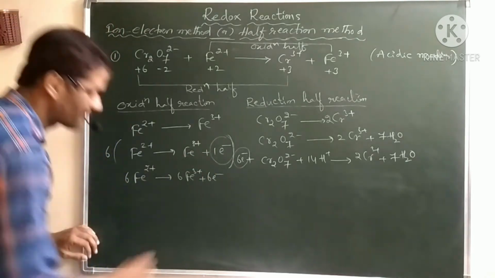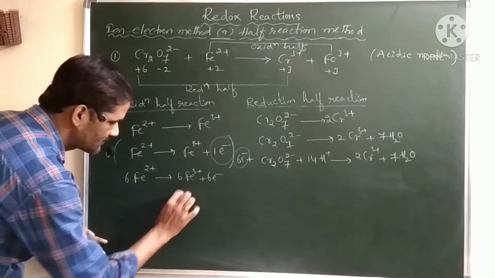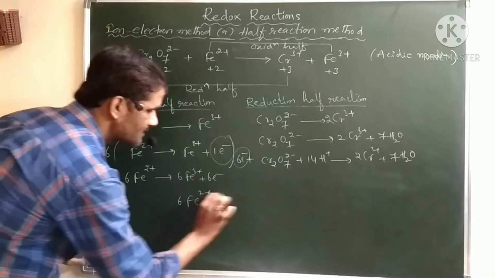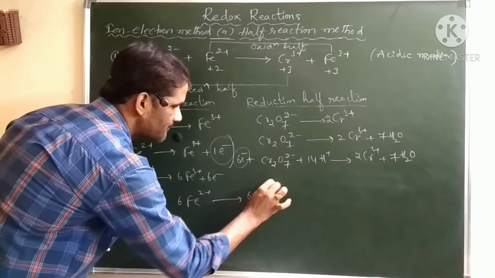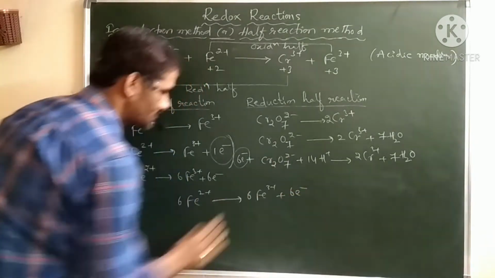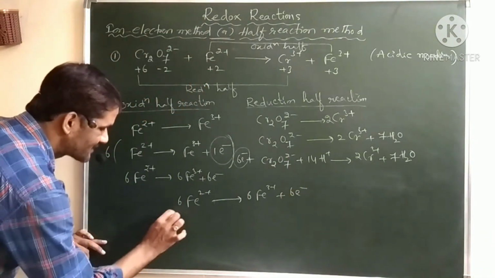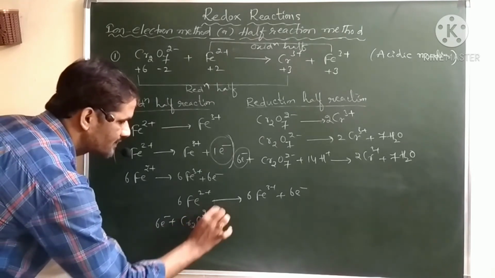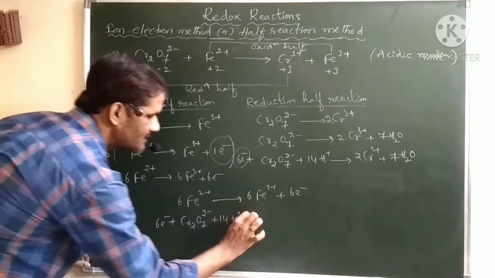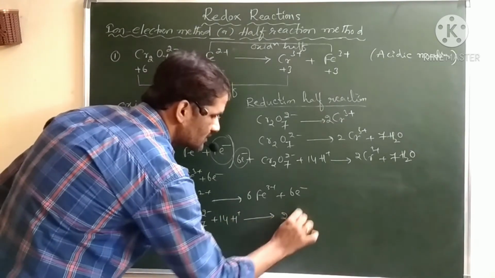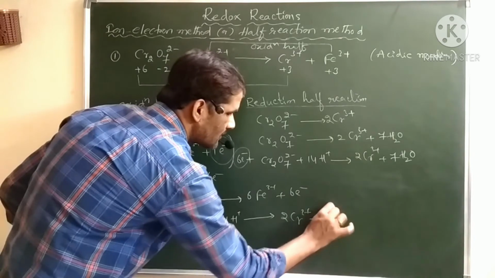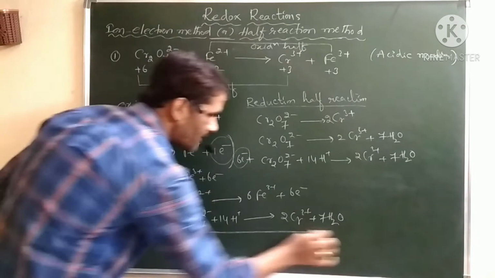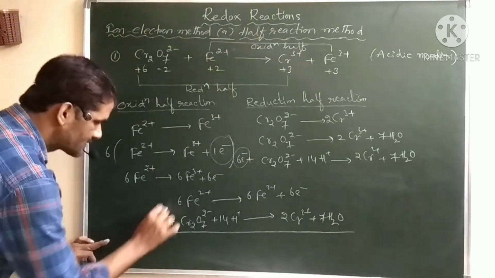Now I'll add both the half reactions. First the oxidation reaction: 6 Fe2+ is giving 6 Fe3+ and 6 electrons. Reduction reaction: 6 electrons and Cr2O7 2- plus 14 H+ is giving 2 Cr3+ and 7 water. Now write this final equation, and here 6 electrons on the left side.